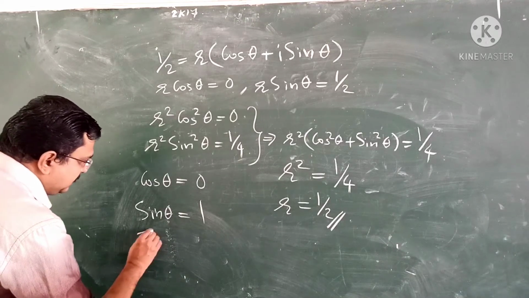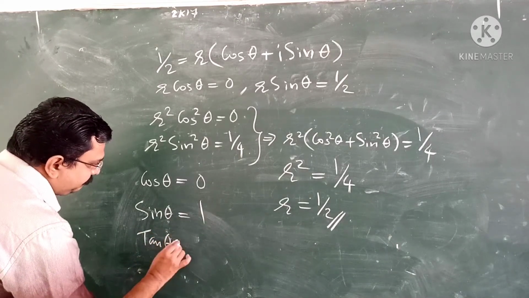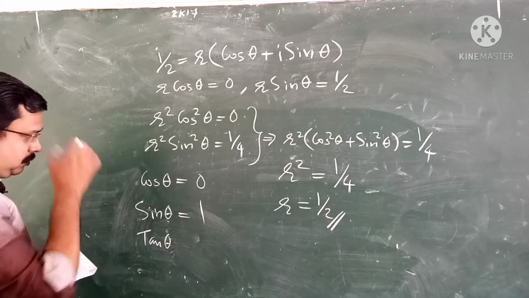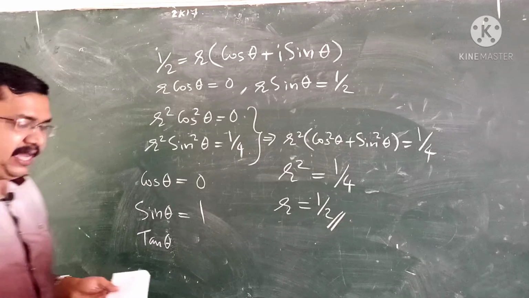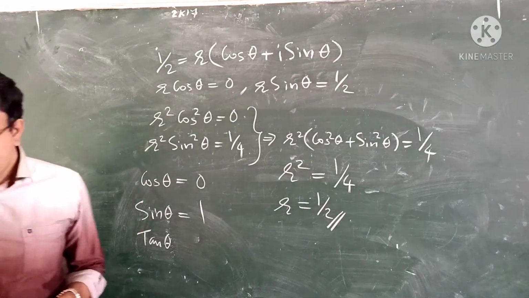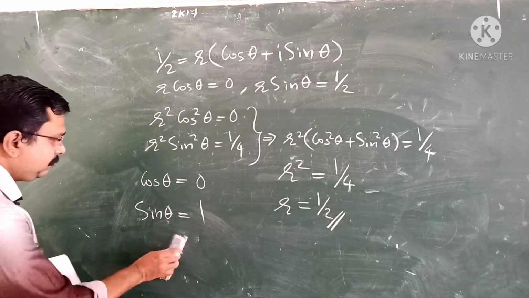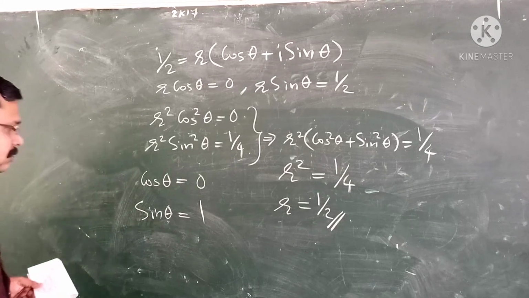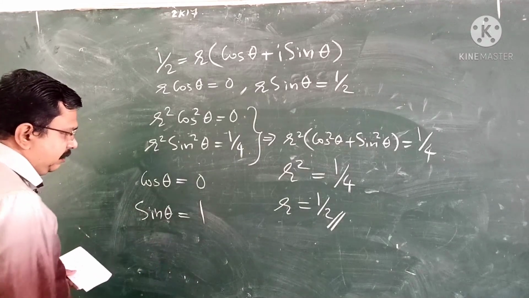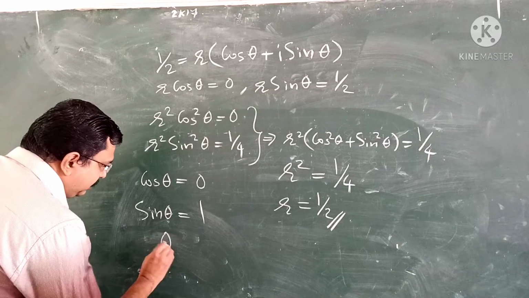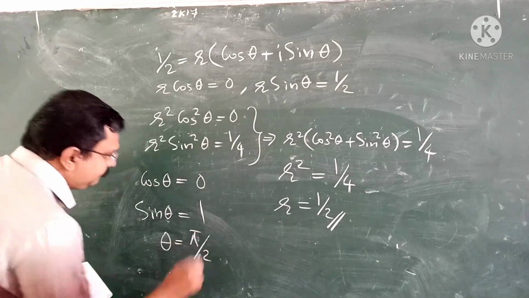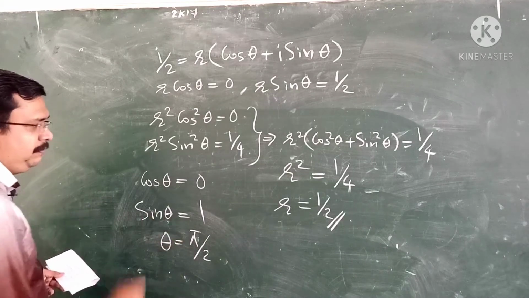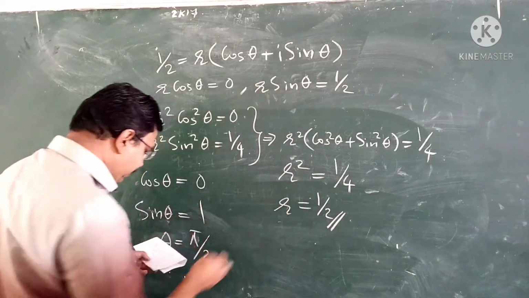Cos theta equal to 0, sin theta equal to 1. Then we can say that it is very simple. Sin theta equal to 1, then we know that theta equal to pi by 2. Theta equal to pi by 2, r equal to 1 by 2.